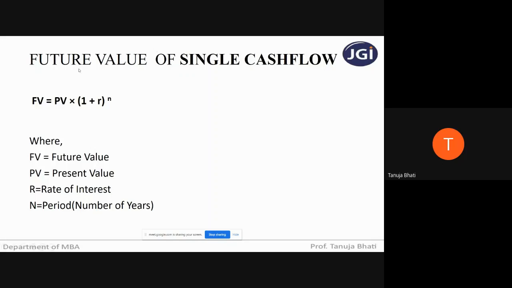Again, if they ask you to calculate future value of a single cash flow, FV equals PV (1 + r)^n, where FV denotes the future value, PV the present value, r the rate of interest, and n the period or number of years. So this is the formula to calculate future value of a single cash flow.